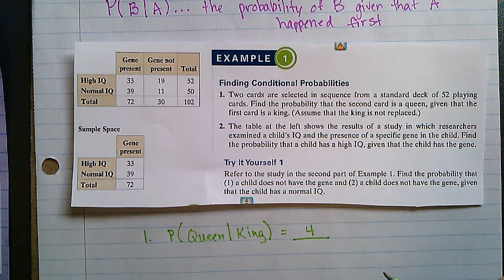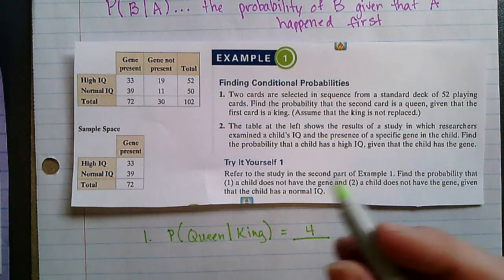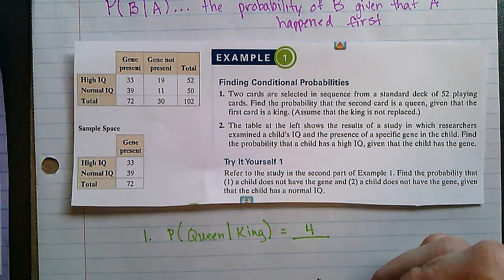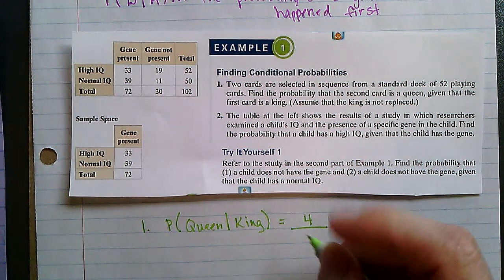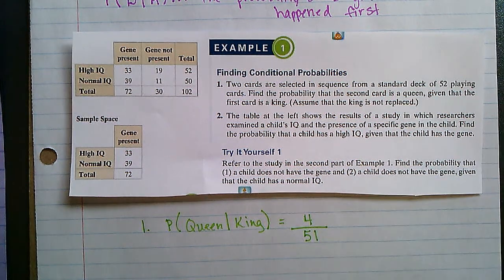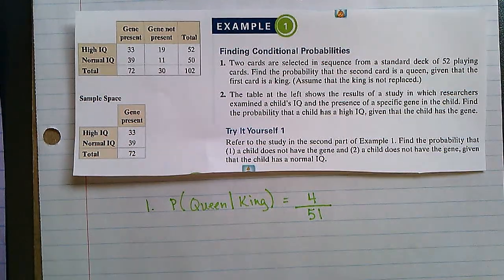Then how many possible outcomes are there when we draw the card? Well, there's normally 52 cards in a deck, but we've already drawn a king, so now there are 51 cards in the deck. So the probability that we draw a queen the second time, given that we drew a king the first time, would be 4 out of 51.